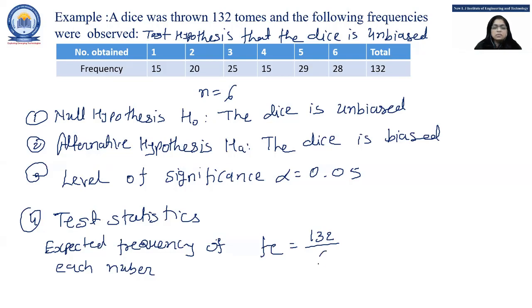So our n is 6. So the expected frequency for each number is what? 22. This one is 22.